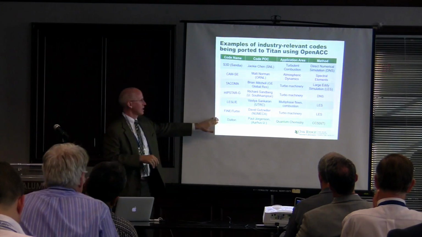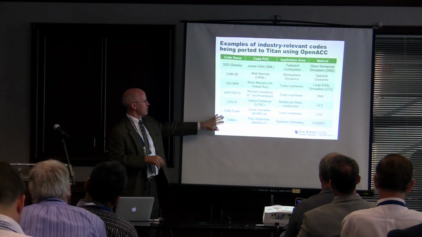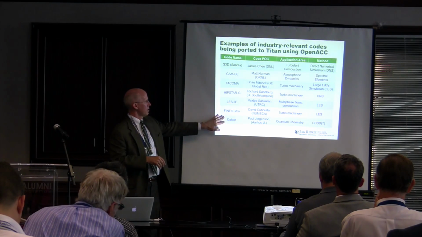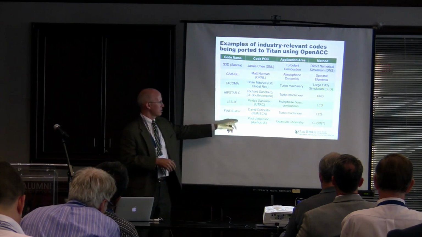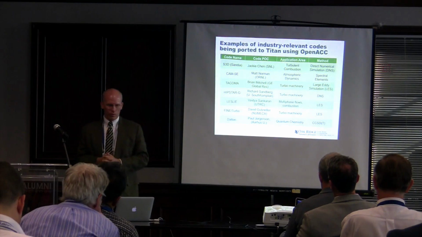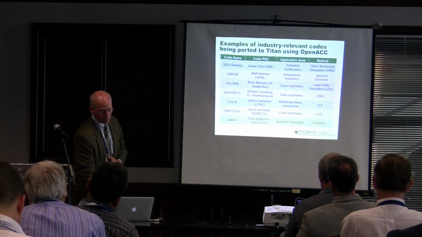And there's a very exciting chemistry code in our INSIGHT program at Oak Ridge that's using the Cray compiler to do quantum chemistry calculations, led by the distinguished chemist Paul Jorgensen from Argonne. So I just want to highlight a couple of these projects.